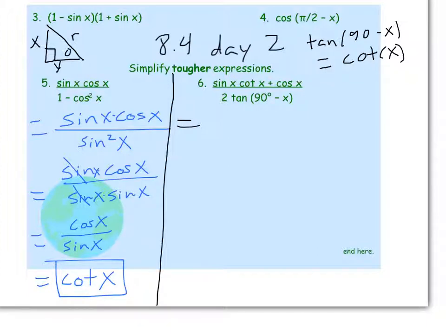X, Y, and R. Okay, alpha and theta, because this is a right triangle, we know those two add up to 90 degrees.